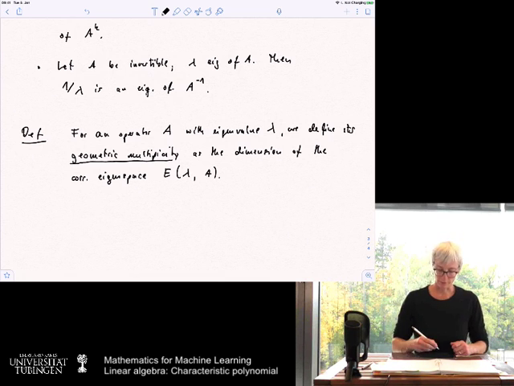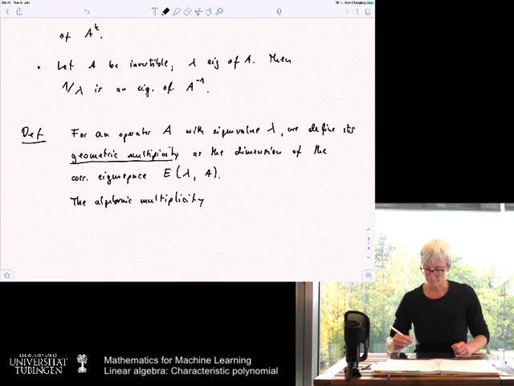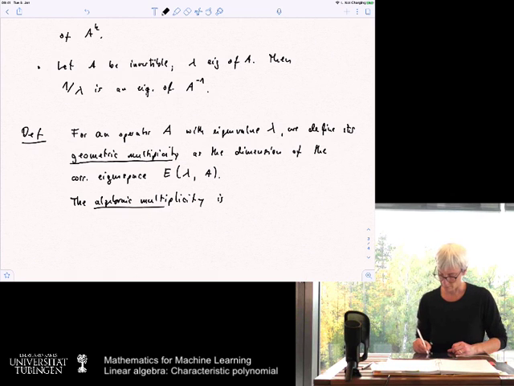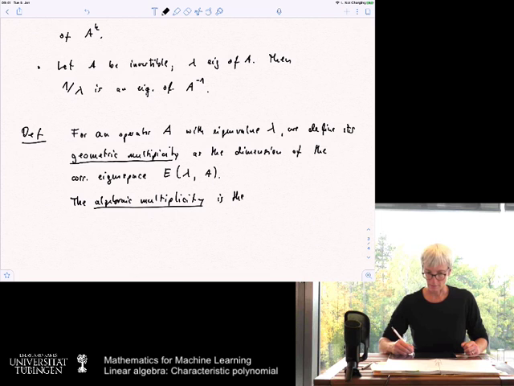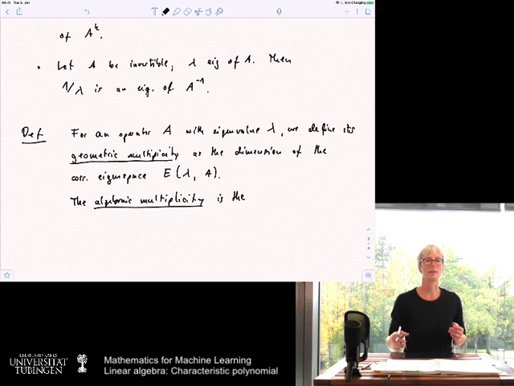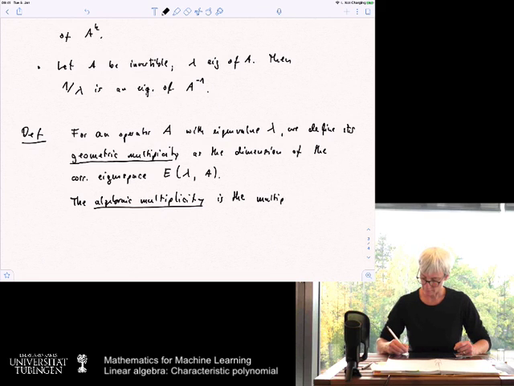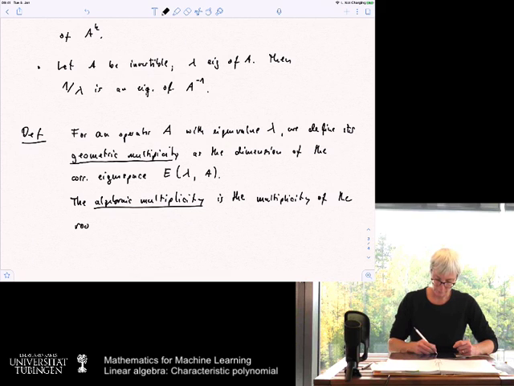And now we also have a notion of the algebraic multiplicity. The algebraic multiplicity of an eigenvalue is the multiplicity of the root lambda in the characteristic polynomial.